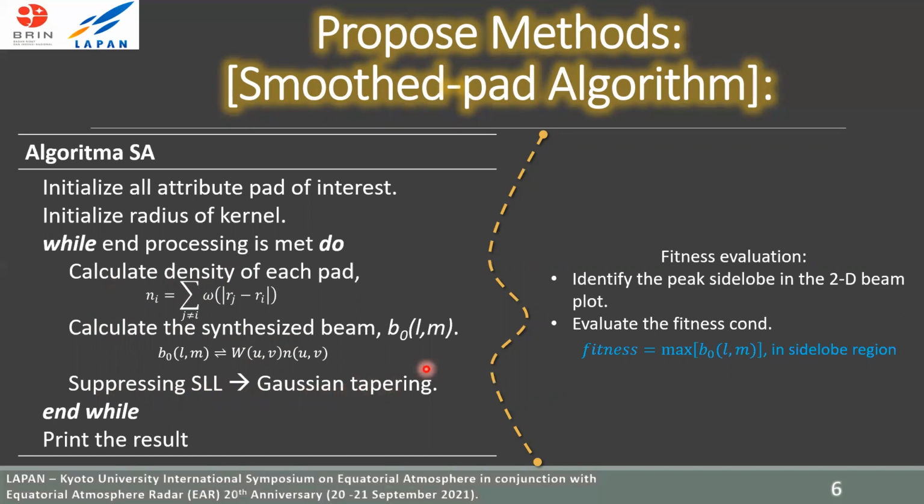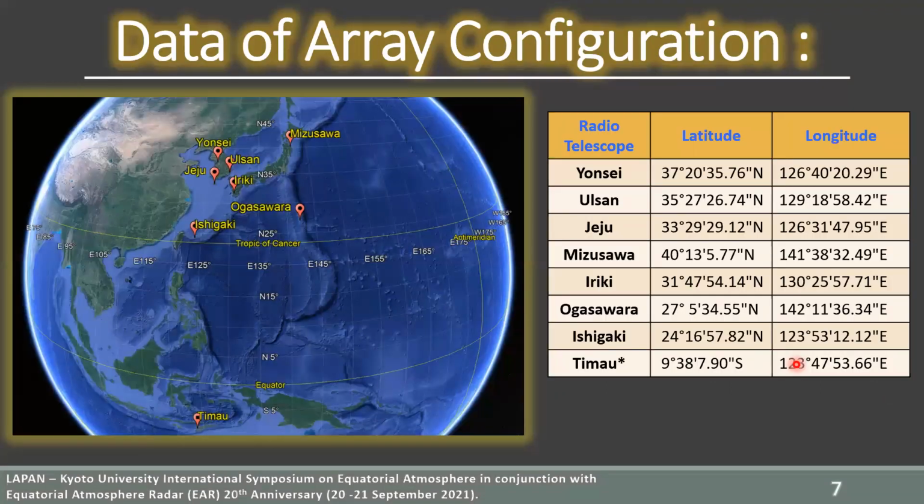For the fitness evaluation, we identify the peak side lobe in the 2D beam plot and evaluate the fitness condition based on this condition in the side lobe region. For the data in our work, we use the antenna locations as shown in this table.